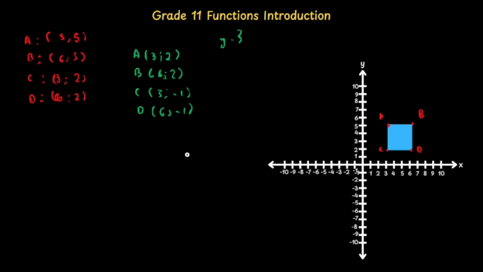I can now go ahead and plot this in. A would be at an x value of 3 and a y value of 2. B will be at an x value of 6 and a y value of 2. C will be at an x value of 3 and a y value of negative 1.